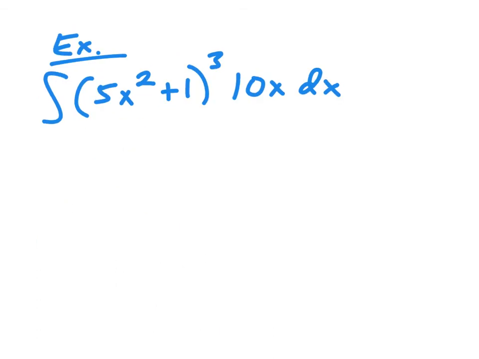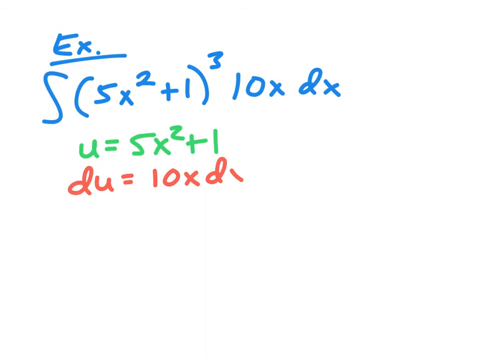So the same concept would apply to the next example. With this one, we determined that the inside function was 5x squared plus 1, so that's my u. The derivative of u is du, which goes to 10x dx. And so notice I have the 10x dx in the original problem, as well as the 5x squared plus 1, of course.